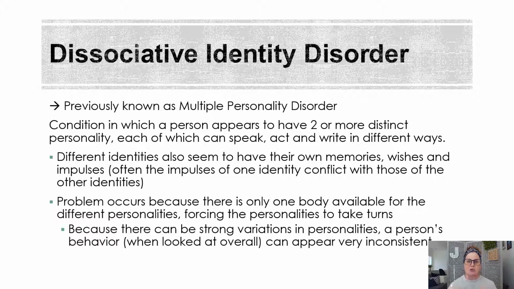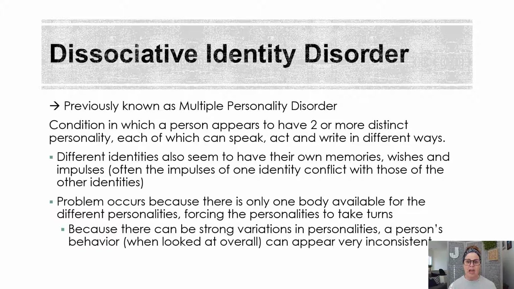These different personalities even have their own distinct memories, wishes, goals, and impulses, and very often the impulses of one of these identities conflict with one of the other identities. The problem, however, is that there's only one body for these personalities, and in order for them to emerge, they have to take turns.